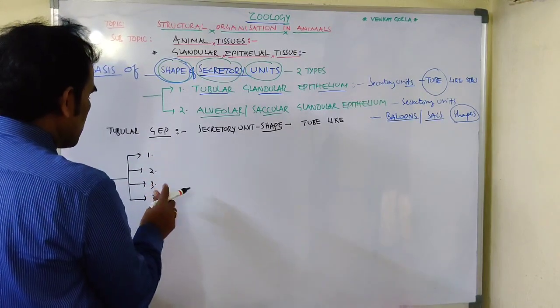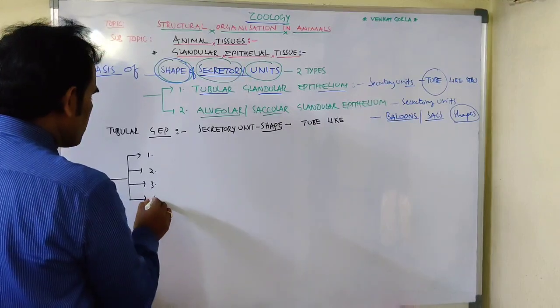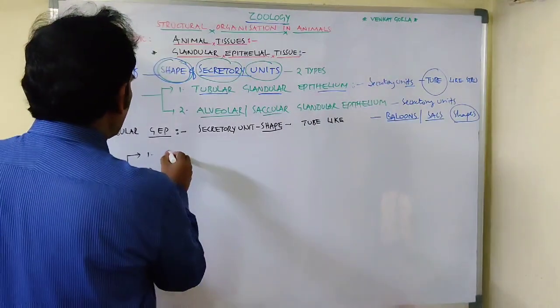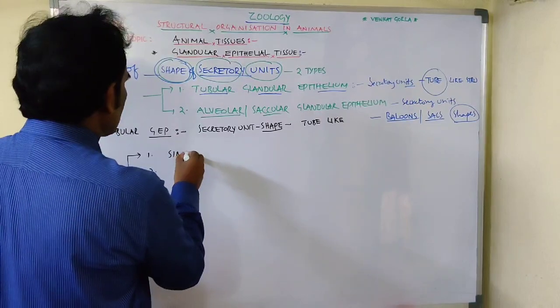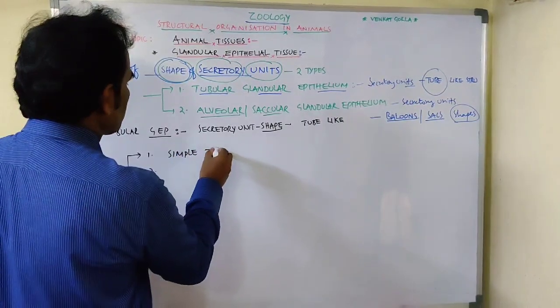Number one is simple tubular glandular epithelium.